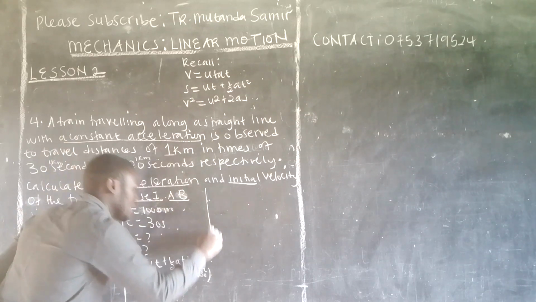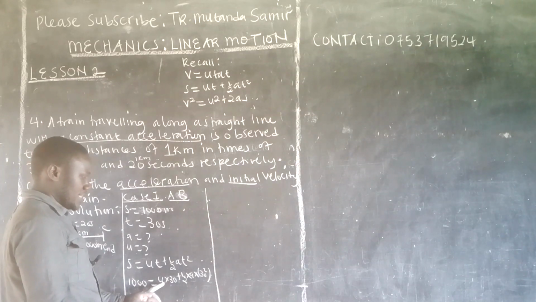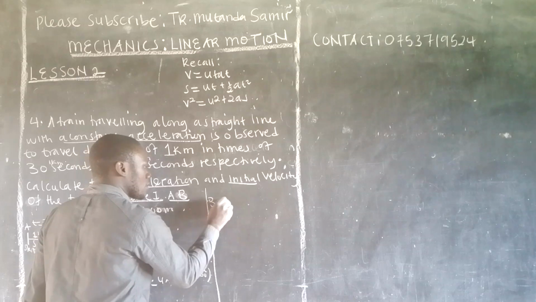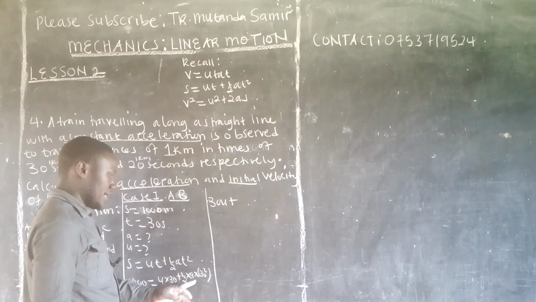So you can now harmonize that. Find out what we are going to have when we try to divide or simplify. 30 times U will be 30U plus, simplify here, 30 squared will give us 900. 900 divided by 2 will give us 450.